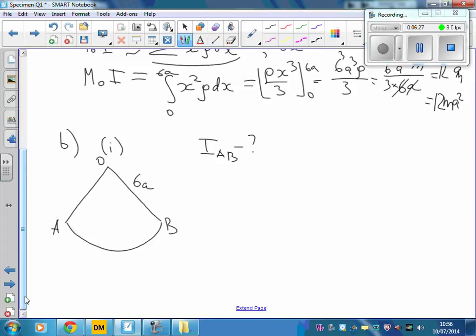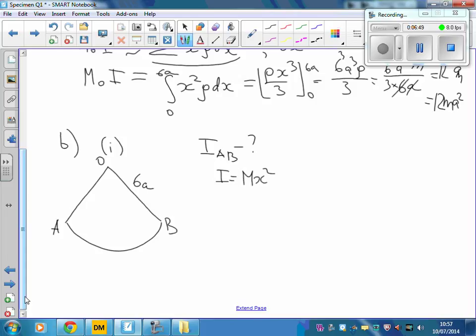We know that if a piece of wire is equidistant from an axis, it can be considered as a particle when the moment of inertia about this axis is calculated. So we can use the formula I, the moment of inertia, equals mx squared.